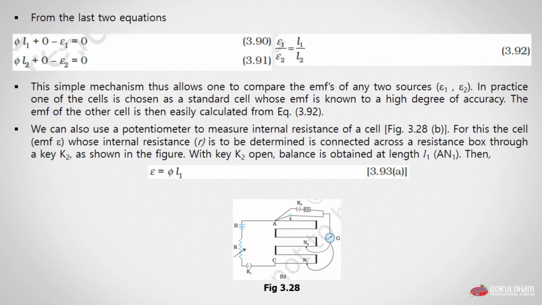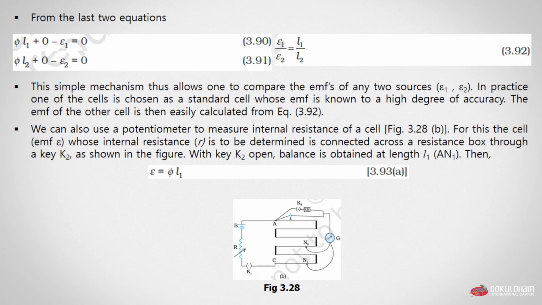This simple mechanism thus allows one to compare the EMF of any two sources, epsilon 1 and epsilon 2. In practice, one of the cells is chosen as a standard cell whose EMF is known to a high degree of accuracy, and the EMF of the other cell is then easily calculated from equation 3.92.